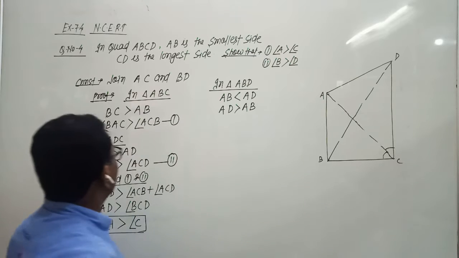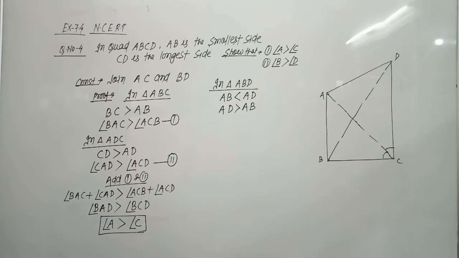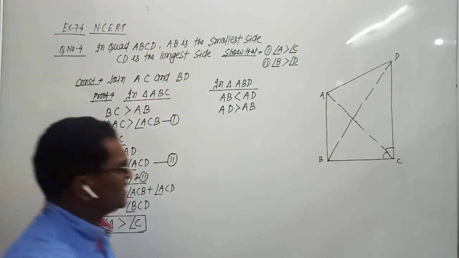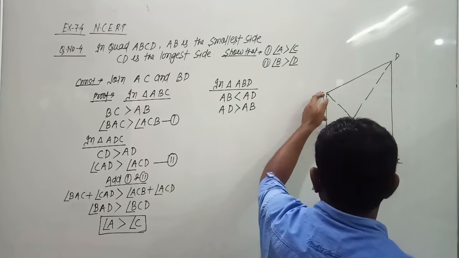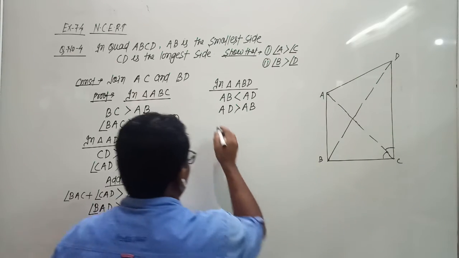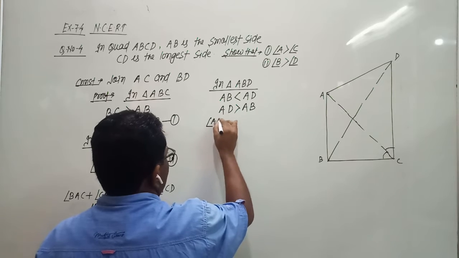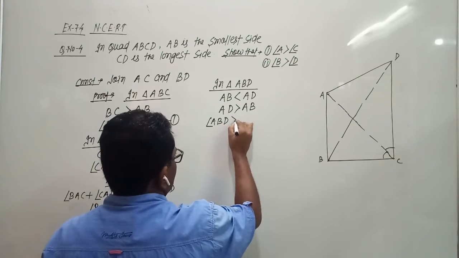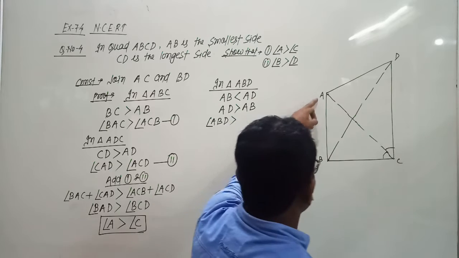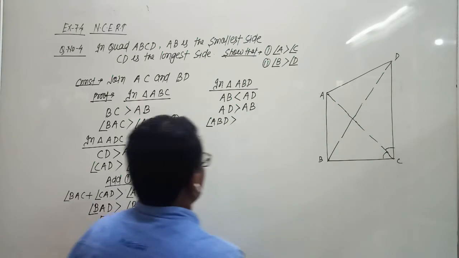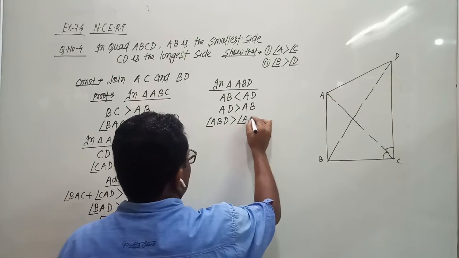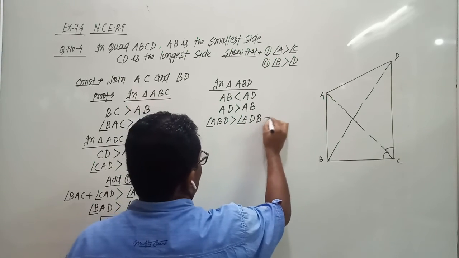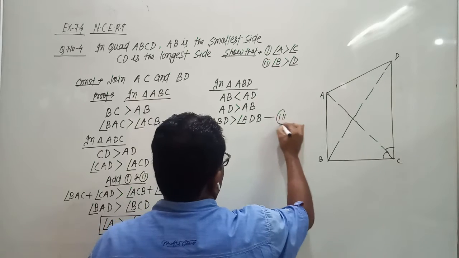AD is greater than AB, and angle opposite to side AD is angle ABD. So angle ABD is greater than angle opposite to side AB, which is angle ADB. So ABD is greater than ADB. This is third equation.